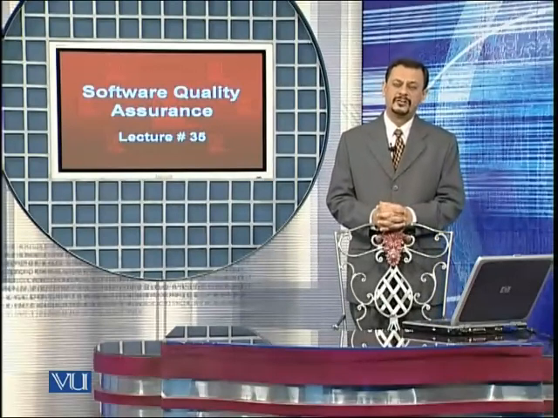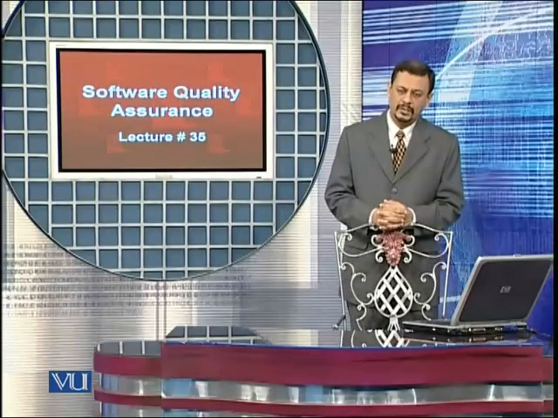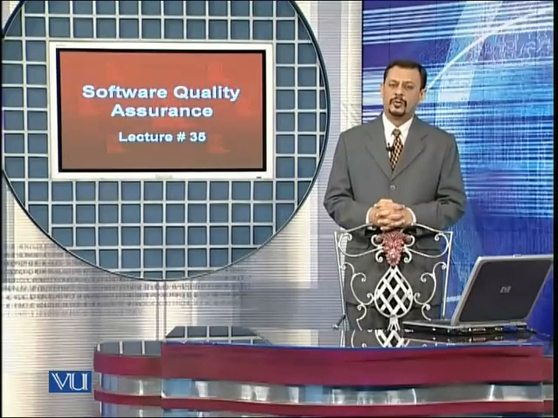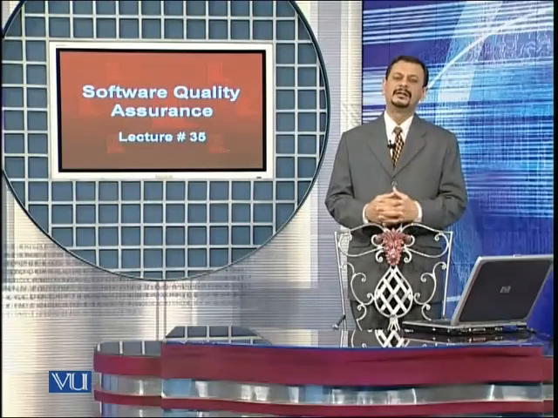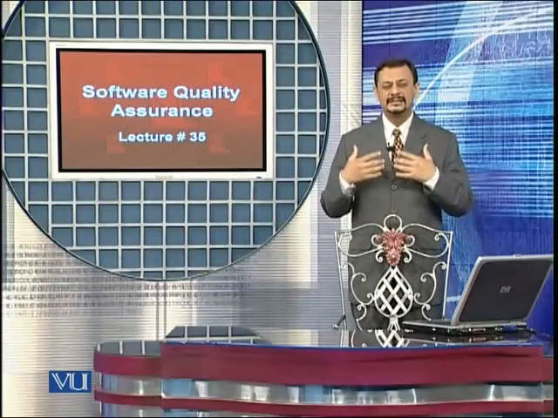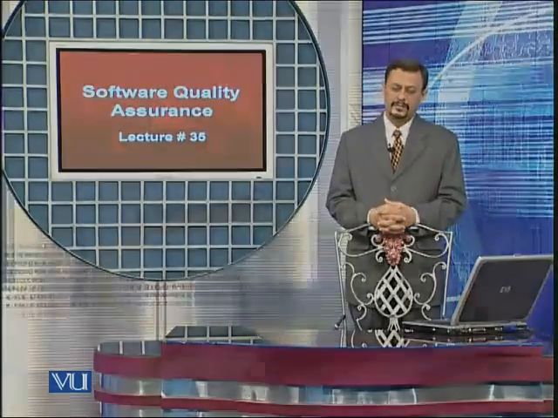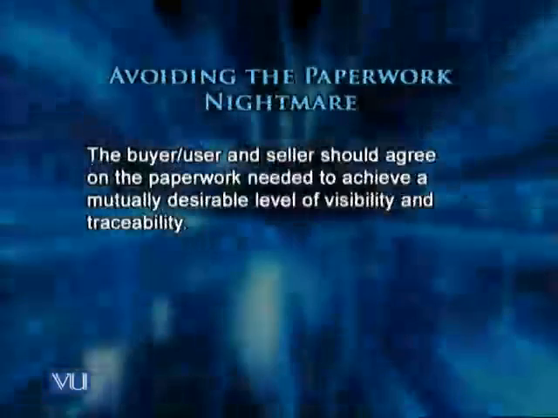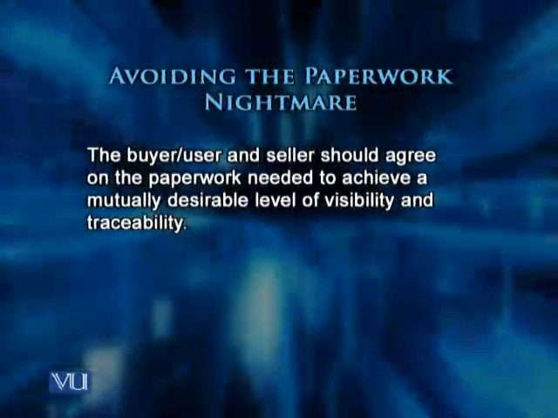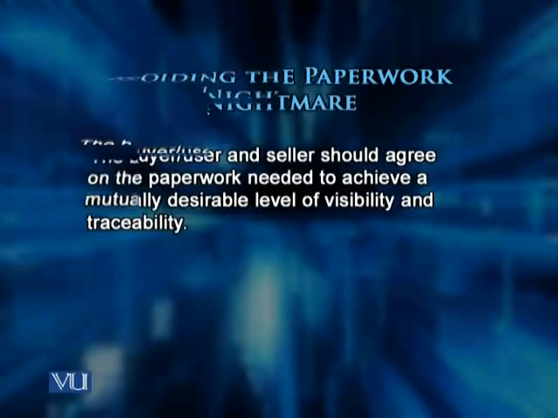They can be placed on internal web servers for viewing, and so unnecessary waste of resources can be avoided. Also, both the user or buyer and the seller should agree on the needed documents to achieve a mutually desirable level of visibility and traceability.